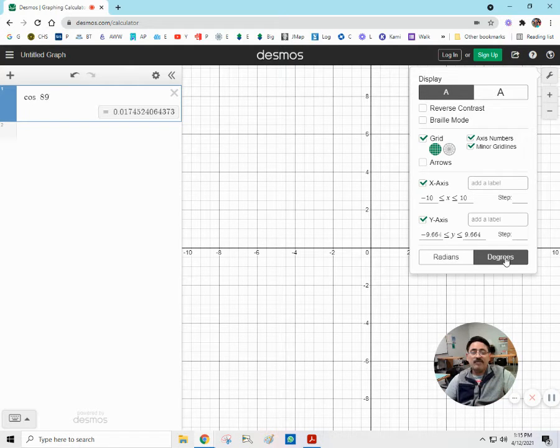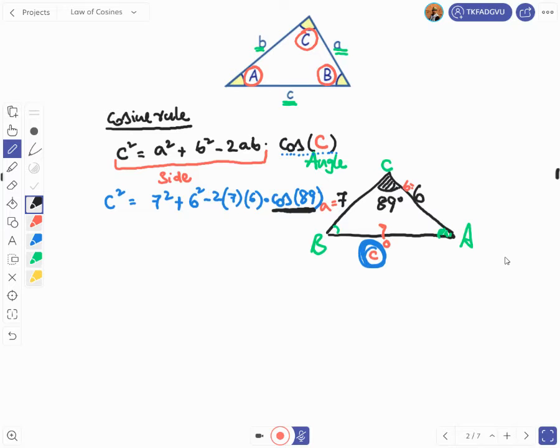So let me go to my whiteboard. It is 0.017. I may forget, so let me write it first. So c square equals 7 square. If you want, you may compute the values and type it here. 2 times 7 times 6, that is 84, times this one.